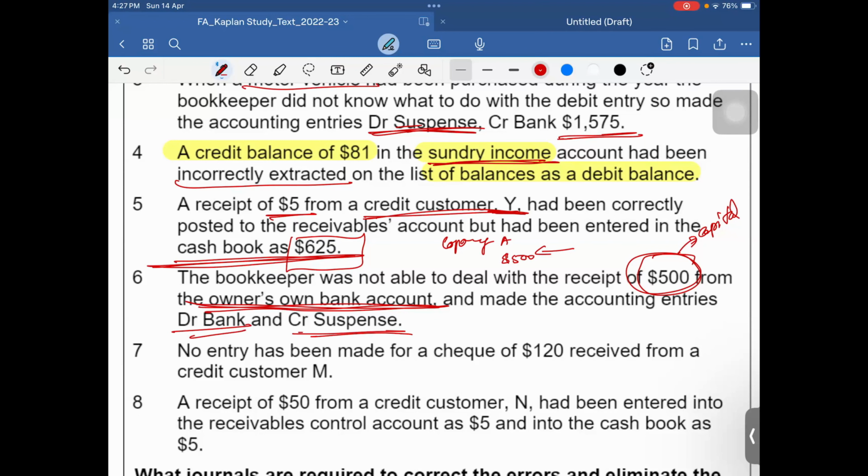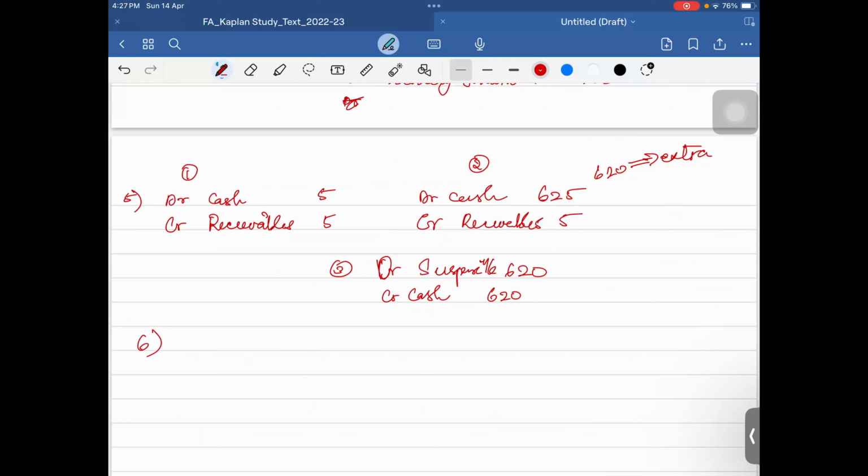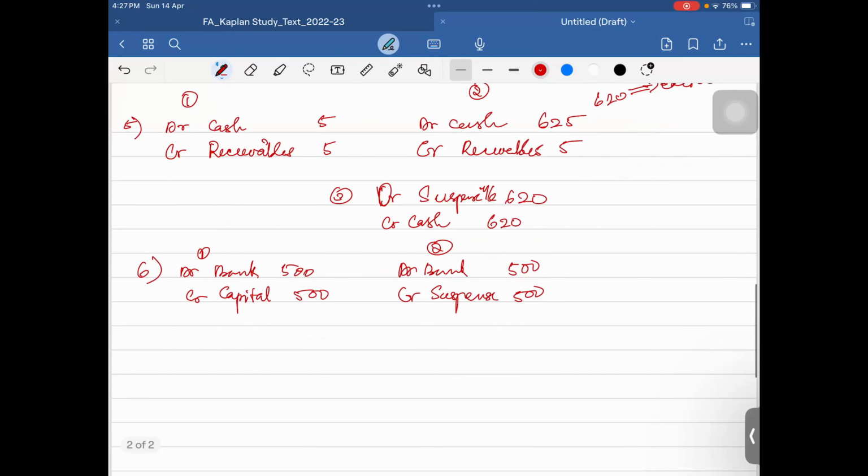So this should have been originally what? Debit bank and credit capital. 500. And what he did is clearly given to you. He took it as debit bank and credit suspense, right? A suspense account has been unnecessarily created. So you're going to cancel that out.